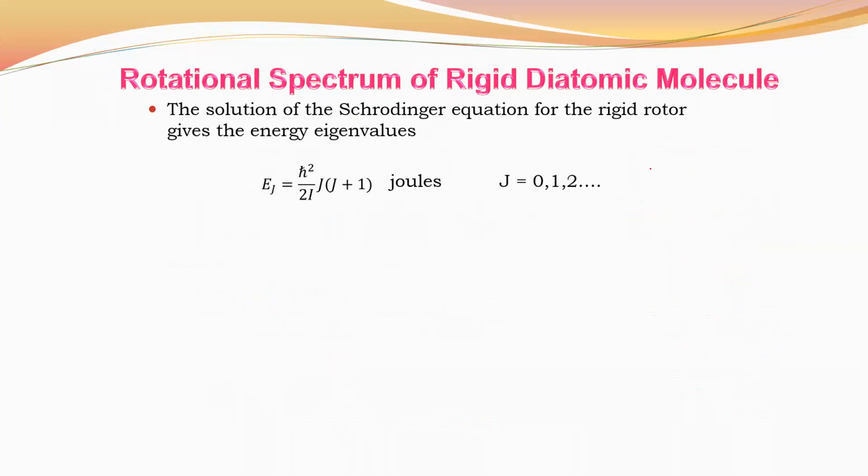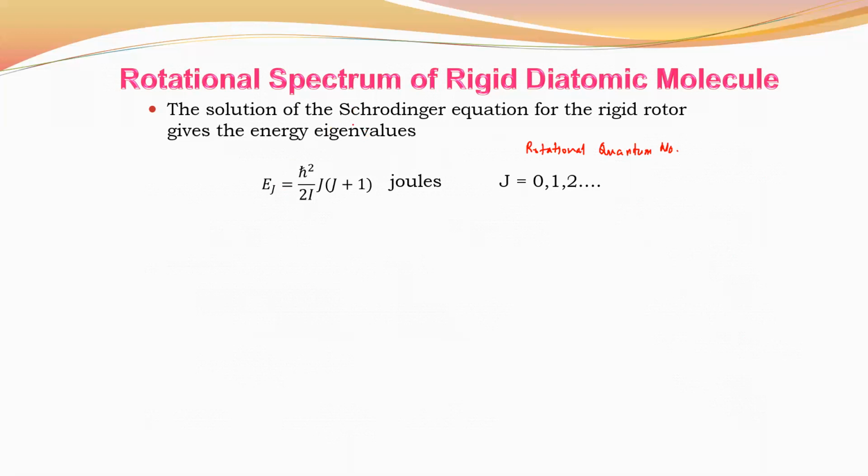Here J is the rotational quantum number. It is 0, 1, 2, 3, etc. So you must memorize this equation. No derivation is required.